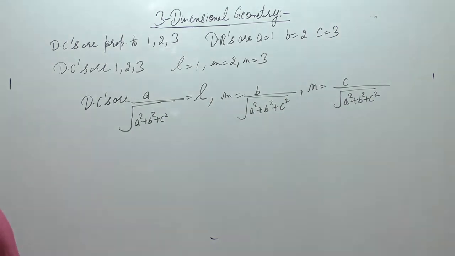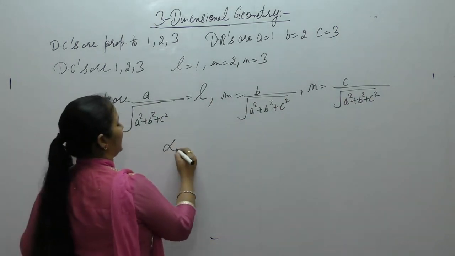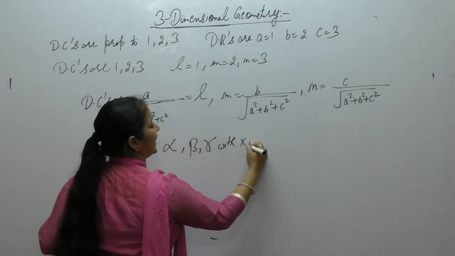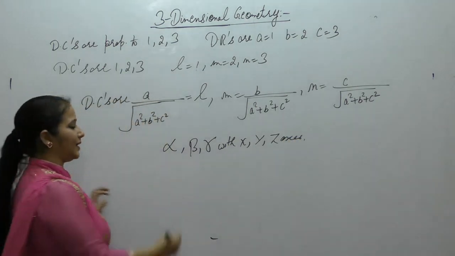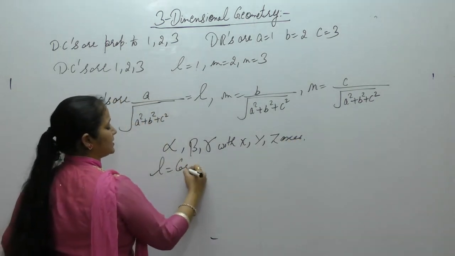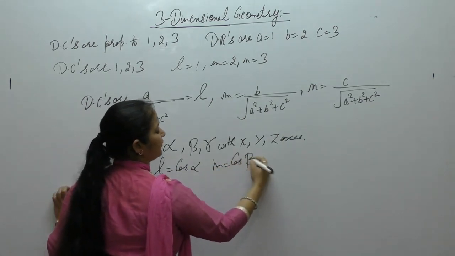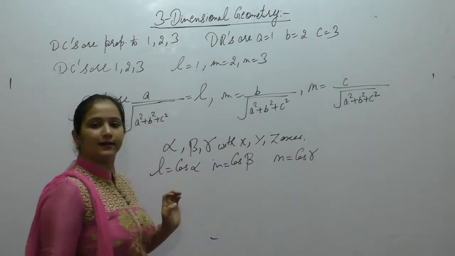Now if the angle is given, if a line makes angles alpha, beta and gamma with x, y and z axis, then direction cosine L is equal to cos alpha, M is equal to cos beta and N is equal to cos gamma.